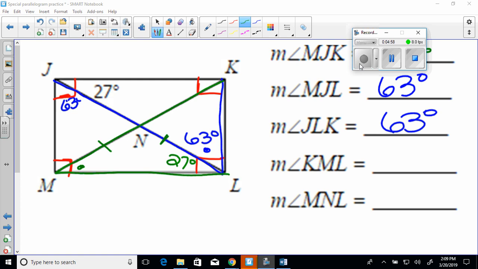And if we look here, and I'm going to trace it in red, this triangle formed here would be an isosceles triangle because you have two congruent sides. And if those are the two congruent sides, then you know the base angles are equal. So then this angle here has to also be 27 degrees.